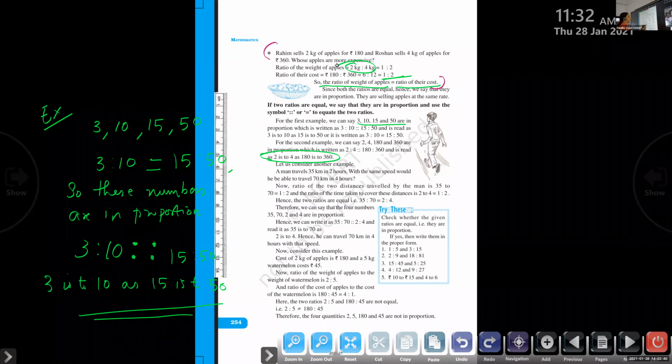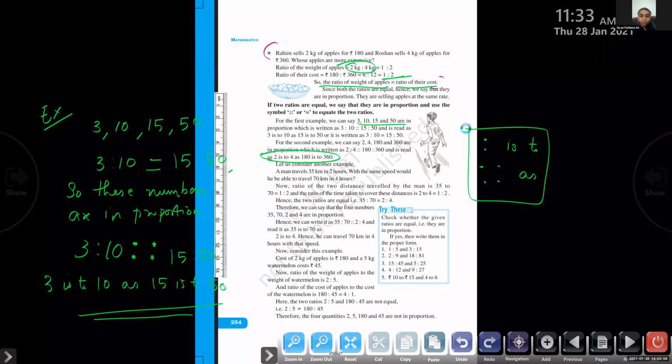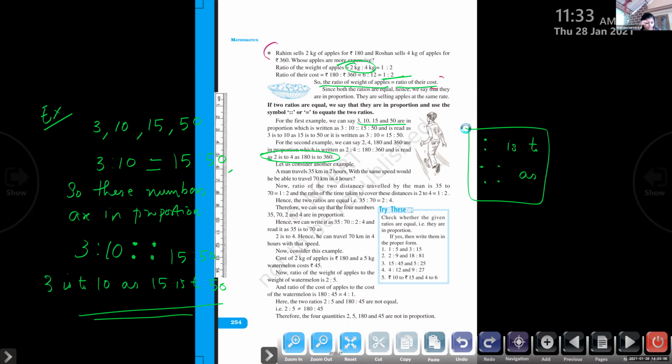So we will read it like this: 2 is to 4 as 180 is to 360. These 2 dots are known as "is to" and the 4 dots are known as "as". Clear? Yes, ma'am.